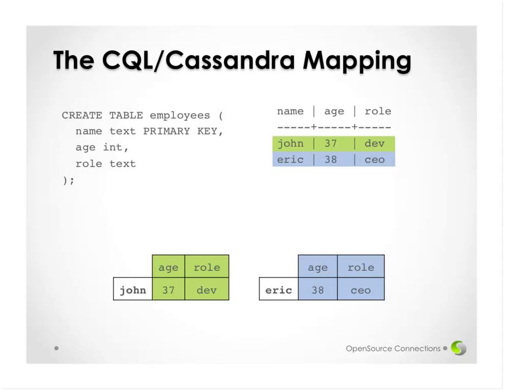On the internal representation, there is actually only 2 columns because in the CQL representation, there's 3 columns, but since we have labeled the name field as the primary key, that is telling CQL that the value of this field is what we're going to use for the row keys, and the field names that are not in the primary key are what we're going to use for the column values. So keeping in mind what Cassandra can do well, we can find an employee very easily because key row names are partitioned.